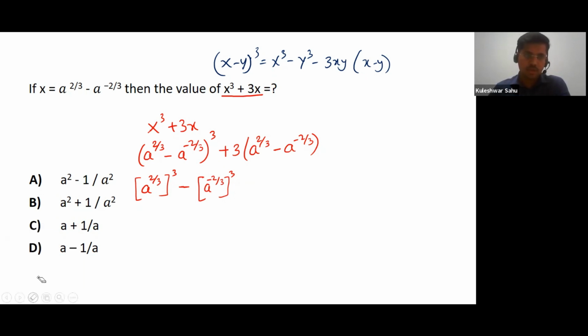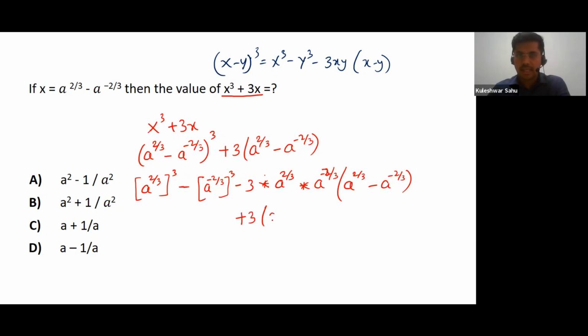So x cube minus y cube minus 3 times a to the power 2 by 3 into a to the power minus 2 by 3, in the bracket (a minus b), which is a to the power 2 by 3 minus a to the power minus 2 by 3, and plus 3 times a to the power 2 by 3 minus a to the power minus 2 by 3. Now, as we can see, this 3 and this 3 will get cancelled.